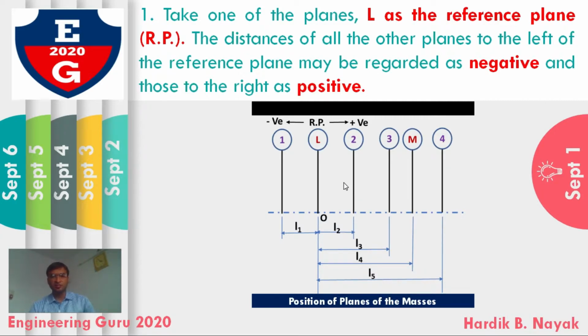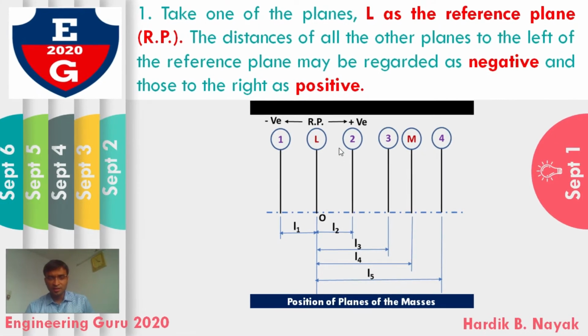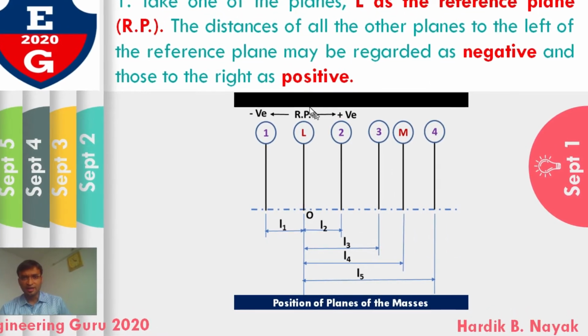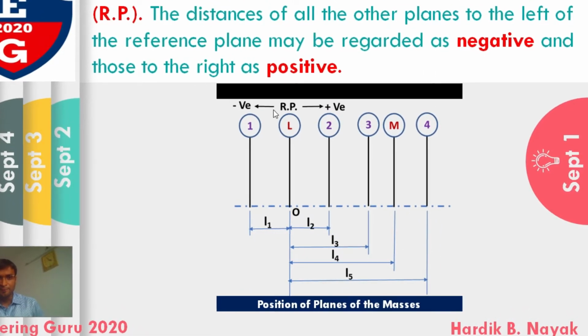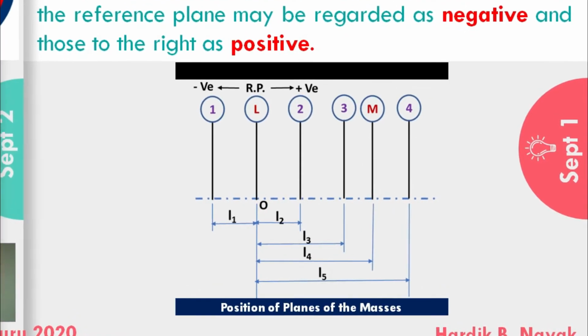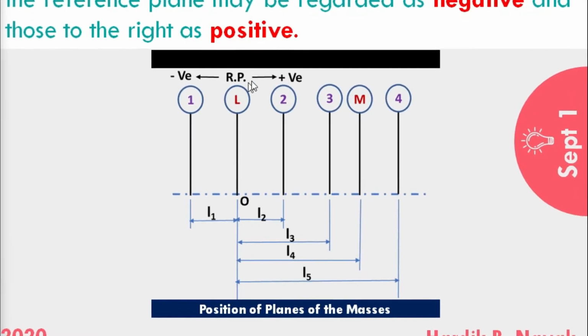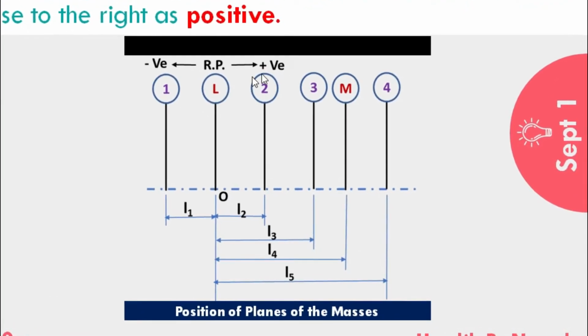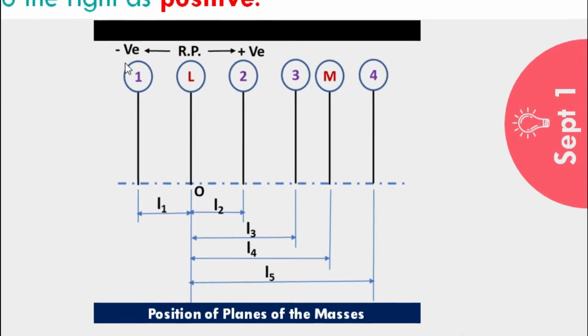In this figure you can see there are 4 masses, 1, 2, 3 and 4. Then L and M are the balancing planes. You can see we have taken the reference plane on plane L. So from the reference plane, right hand side values will be positive and left hand side values will be negative.